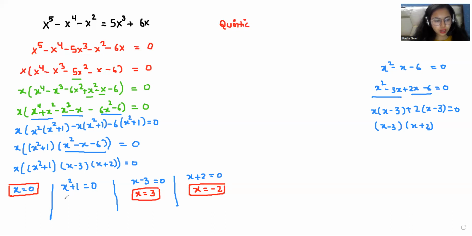Now coming to this, x^2 = -1, so x = √-1, or plus minus √-1.